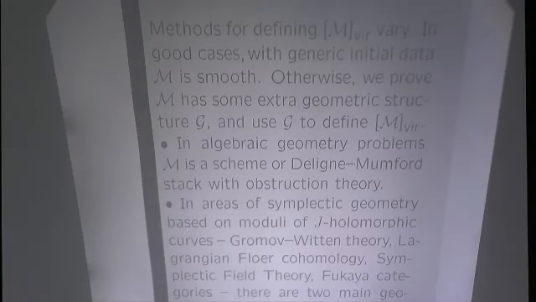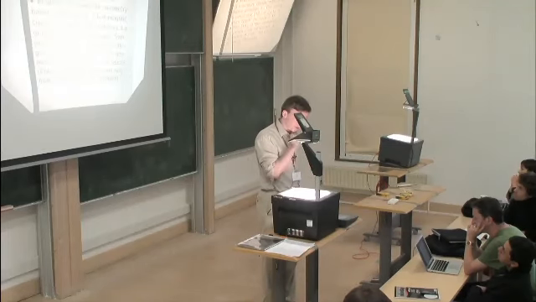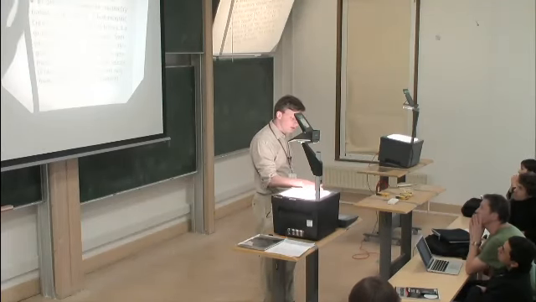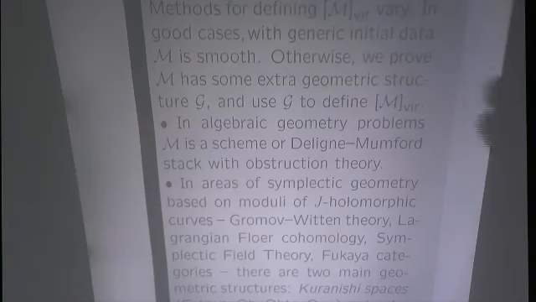But if you can't make it smooth, if the parameters you can deform are not enough to smooth the moduli space, then you have to take another approach, which is that you give your moduli space some extra geometric structure, Kuranishi, let's say, and we use this extra geometric structure to define the virtual class. So in algebraic geometry, things are fairly much sorted.